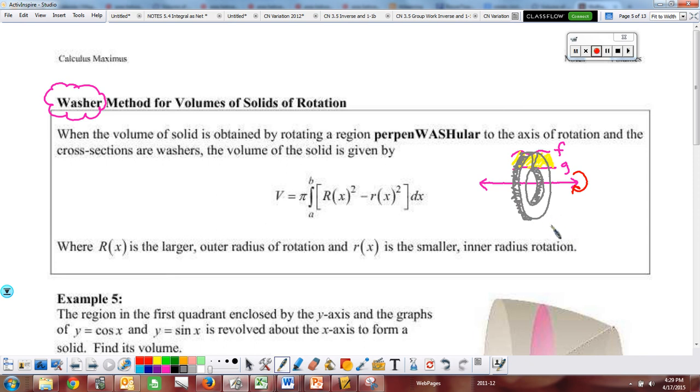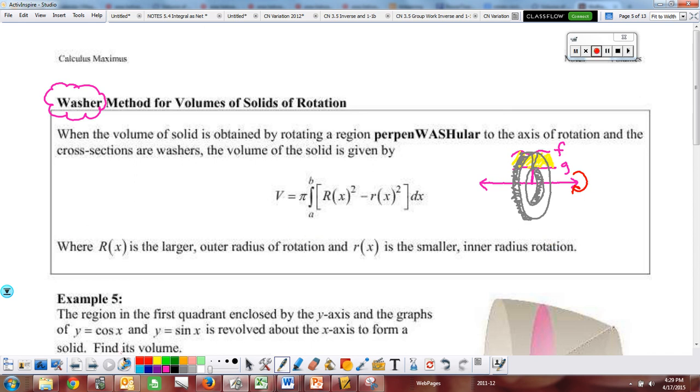So basically each time you do this, you're going to need to calculate your little radius, which is the hole, usually to g. Your big radius goes all the way to f, and you're taking the difference in the areas, the big area minus the little area. Notice that we are still slicing vertically because it's perpendicular now. Mostly a washer needs a hole in it.